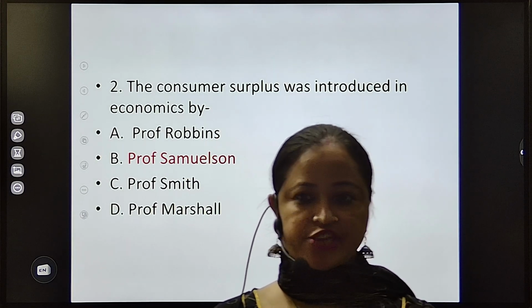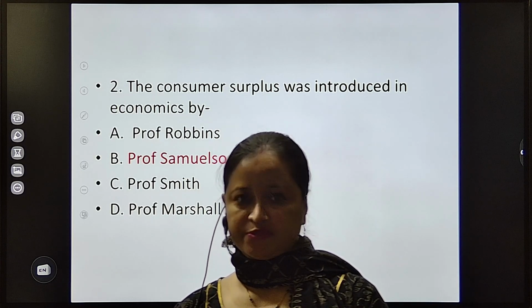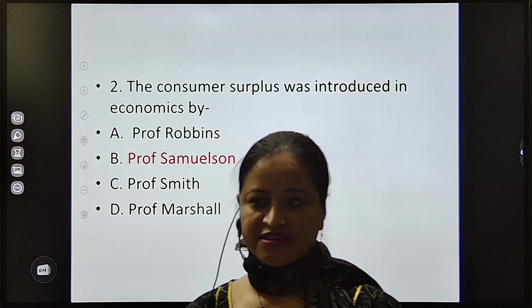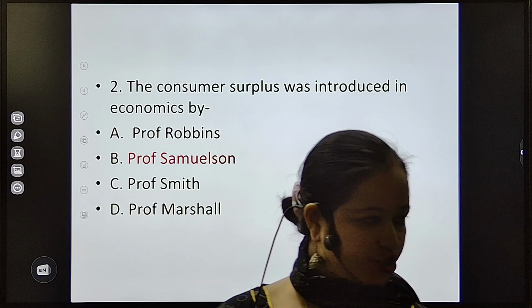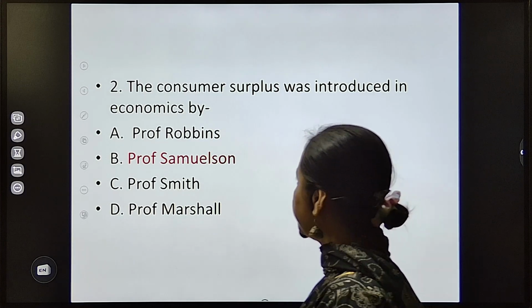Who gave the wealth definition, and who gave the welfare definition? That you need to study. Wealth definition of economics, welfare definition of economics. Written?